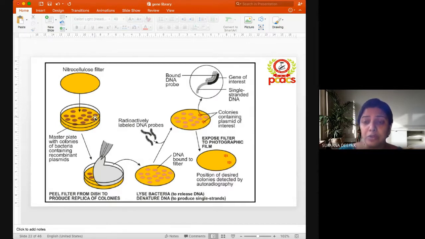You already know the replica plating technique. Similarly, you just compare this position with this position, and then you can identify which cells are carrying your specific recombinant DNA, and that can be identified by this hybridization technique.